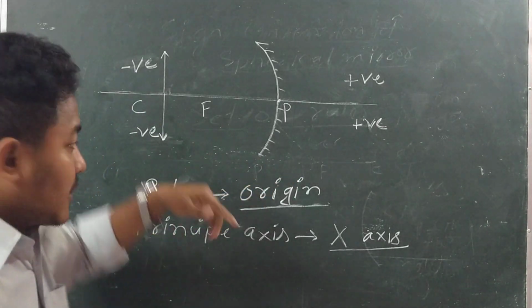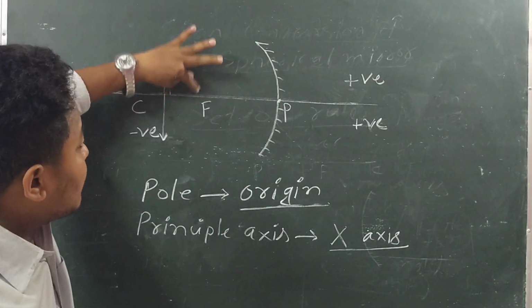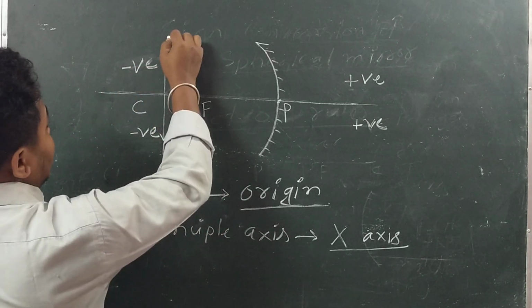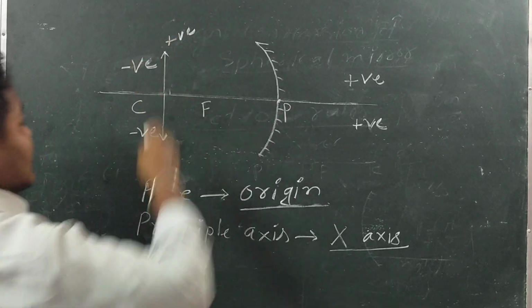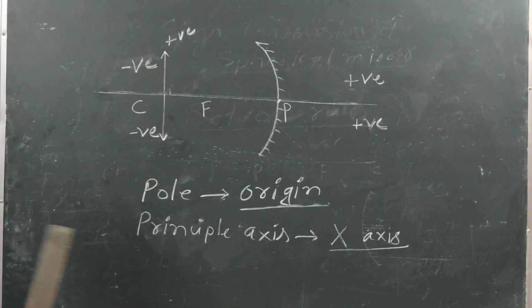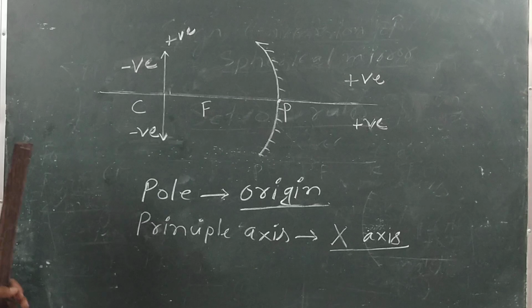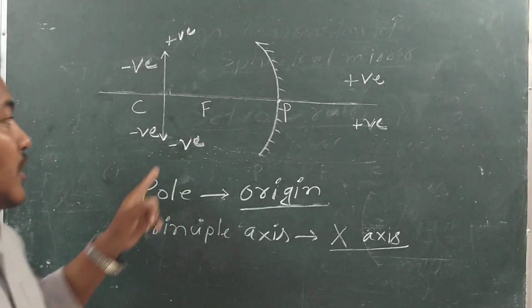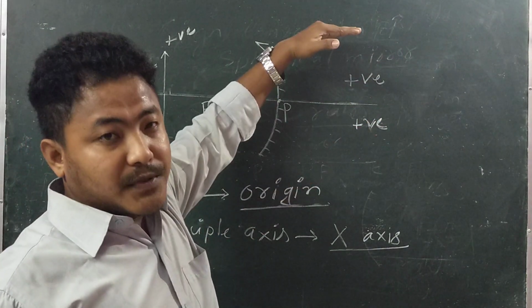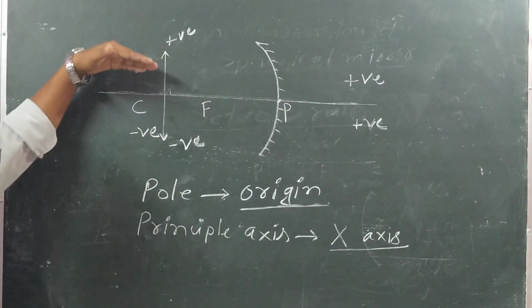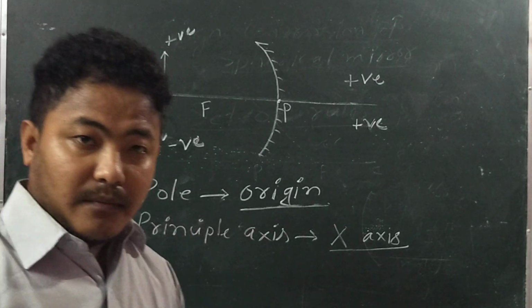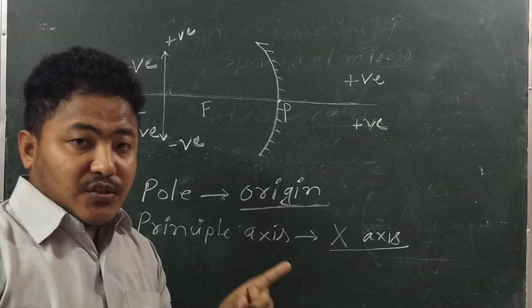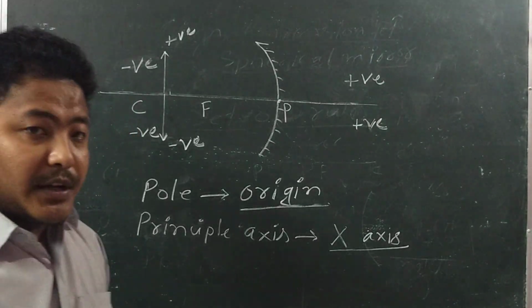Any distance above the principal axis will be positive, and any distance below the principal axis will be negative. Okay, so right side and above are positive, left side and below are negative. Remember, these are in short the basic rules of sign convention for a spherical mirror.